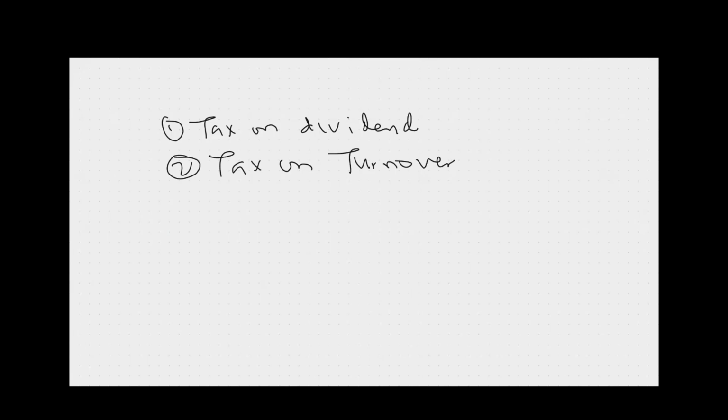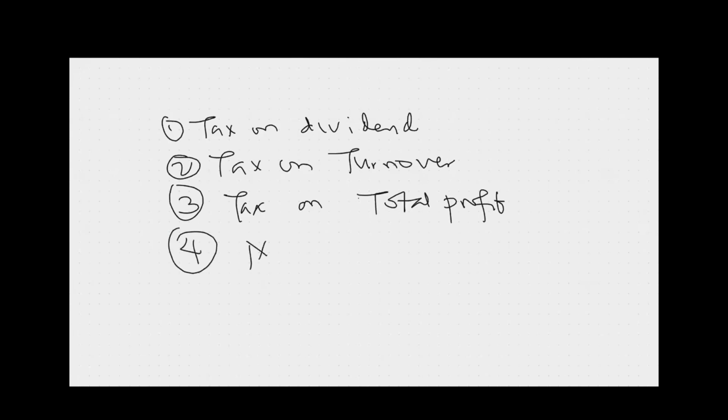And the last one that is very important is tax liability on minimum tax. So these are the things that we discussed in my last class, and we are going to continue from there. First, tax liability on dividend. Second, tax on turnover. Third, tax on total profit. And fourth scenario, we talk of minimum tax.